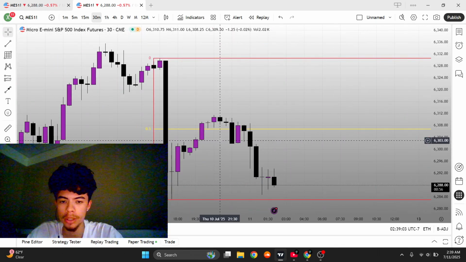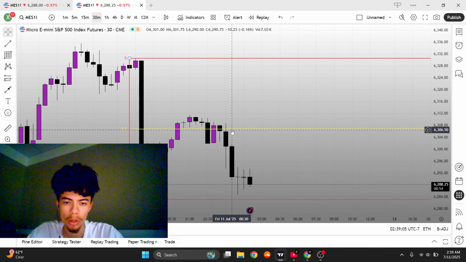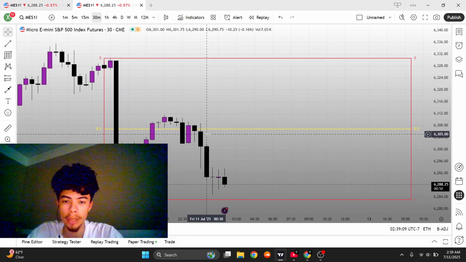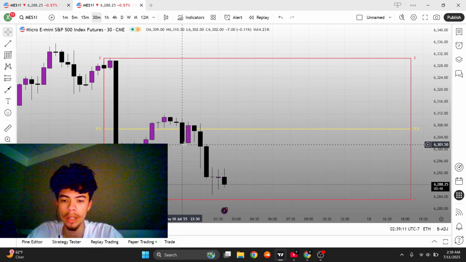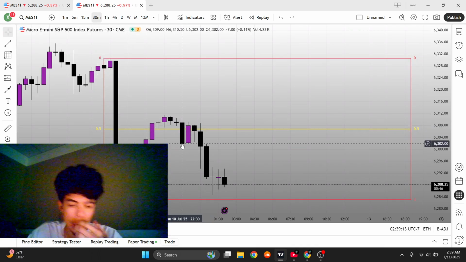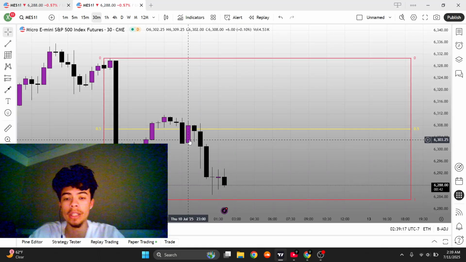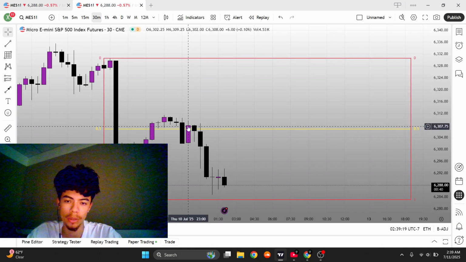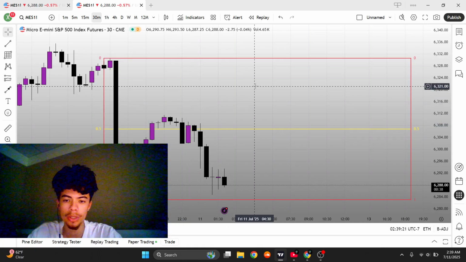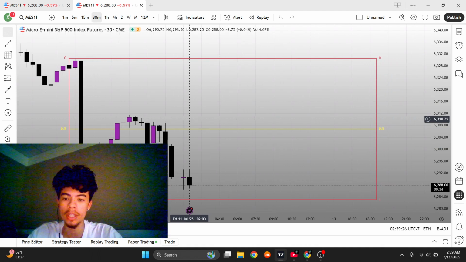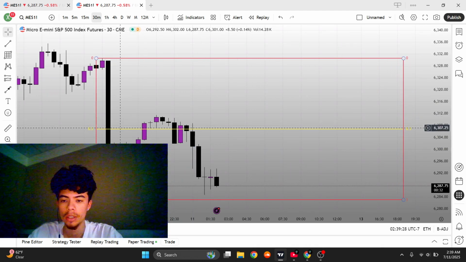If we zoom in here, we can see this initial first bearish candle right here breaks below that line and closes, and then the next candle is going to be a bullish candle that closes above that line, which is a quick liquidity grab for all the idiots out there, basically.